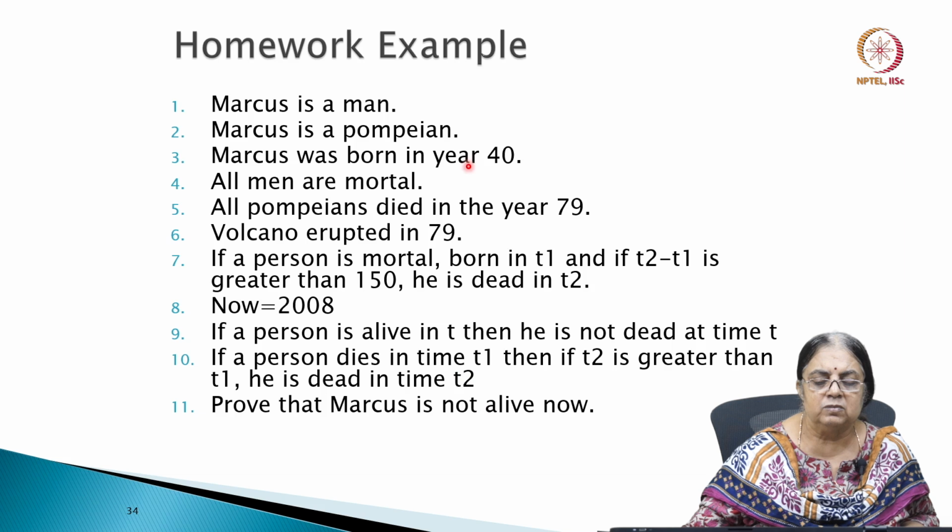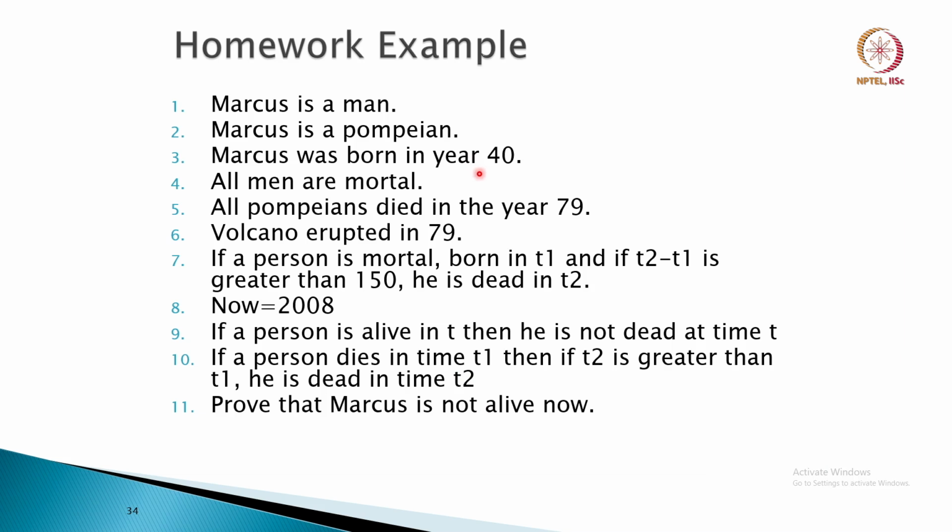Just to take one or two of these, we can say, for example, you could have something which says man Marcus. Marcus is a Pompeian. Marcus born 40.